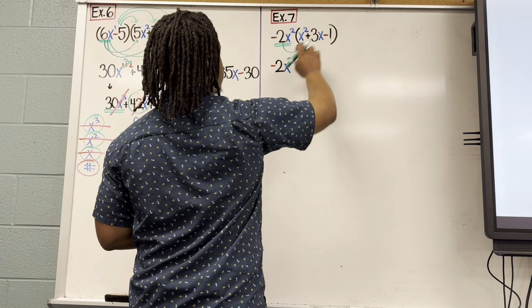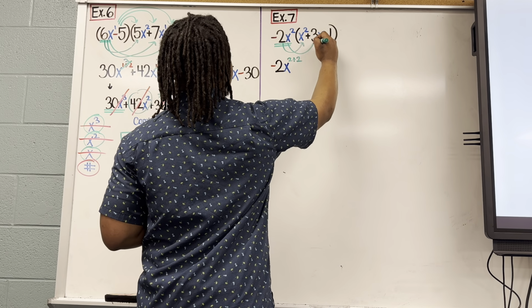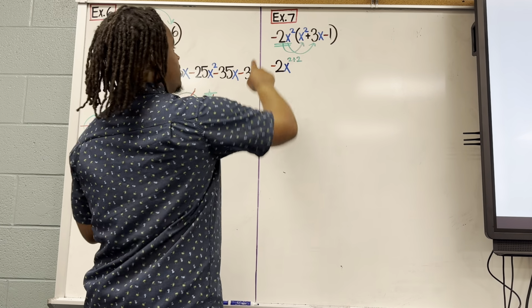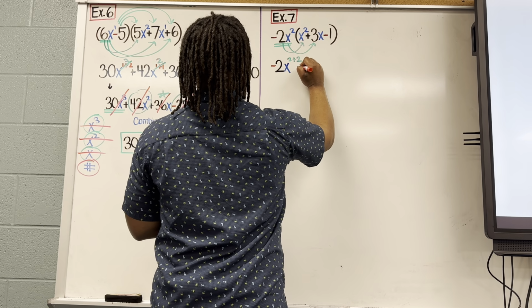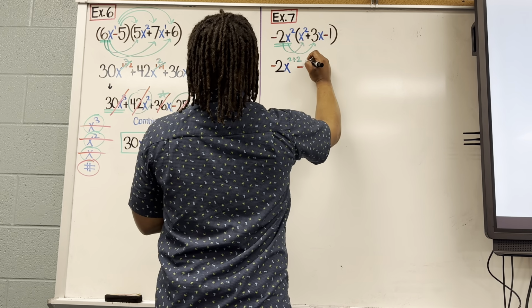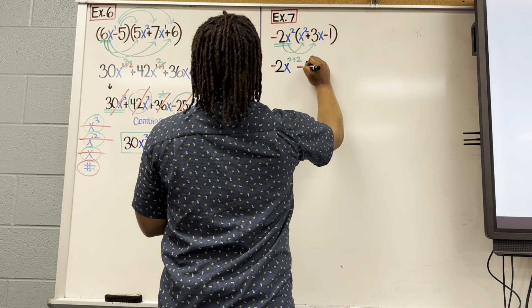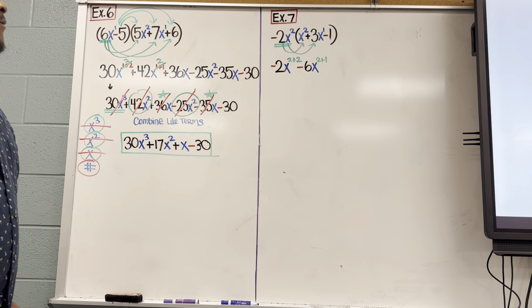All right, next I'm going to have negative 2x squared times 3x. Negative 2 times 3 is a negative 6. So that's going to be a minus 6x to the, this is to the second power, this is actually to the first power, so it's going to be to the 2 plus 1 power, okay?